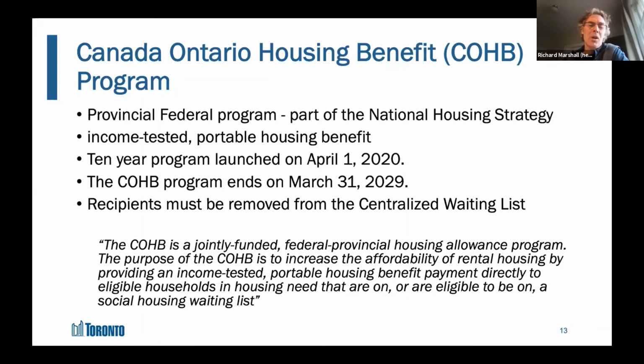It ends on March 31st, 2029. Something that's a little different from a lot of previous housing benefit programs is the requirement that recipients must be removed from the centralized waiting list. And the quote down there is just from the government's own materials about the COB.